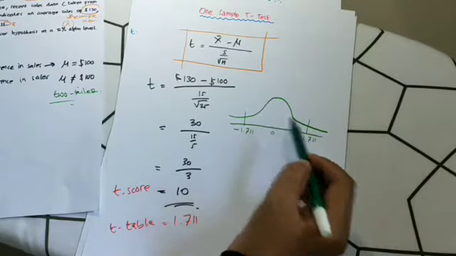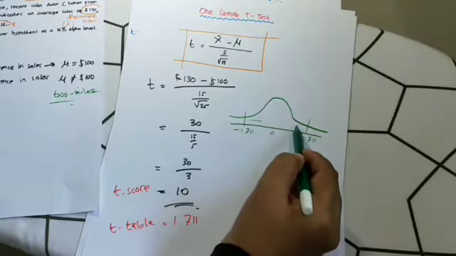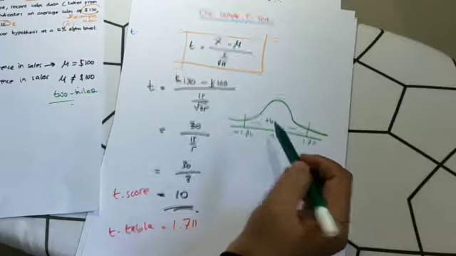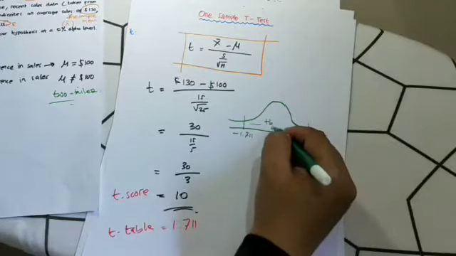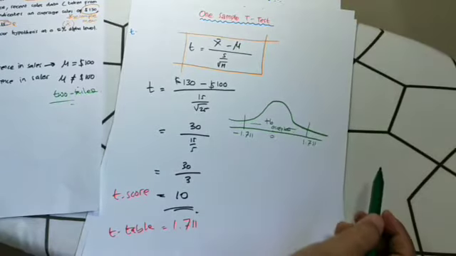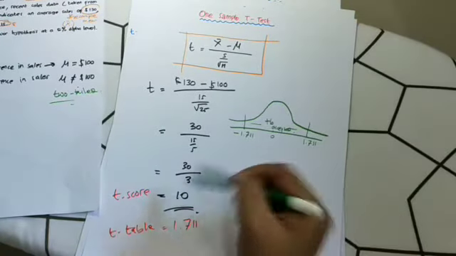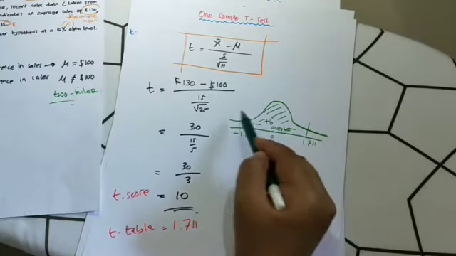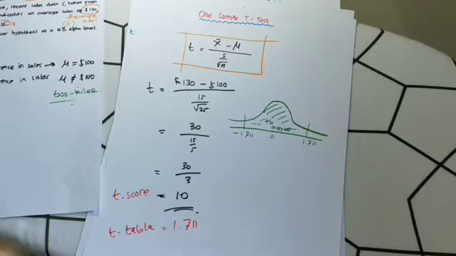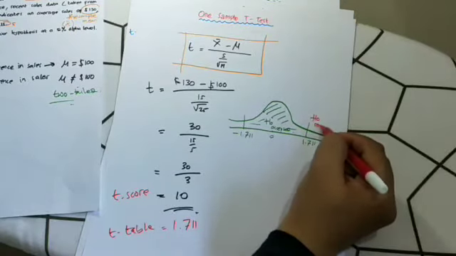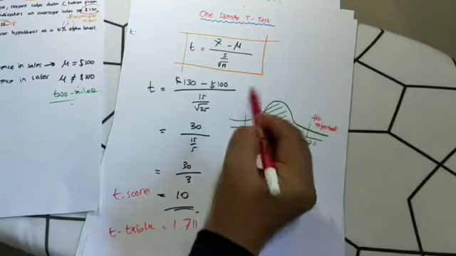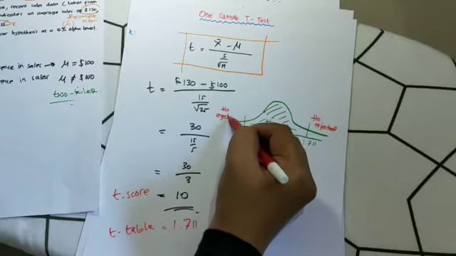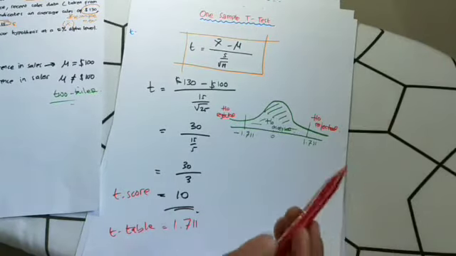So if your t-score is within this range, it means your null hypothesis is accepted. But if your t-score is out of this range, here or here, then your null hypothesis is rejected. In other words, your alternate hypothesis is accepted.